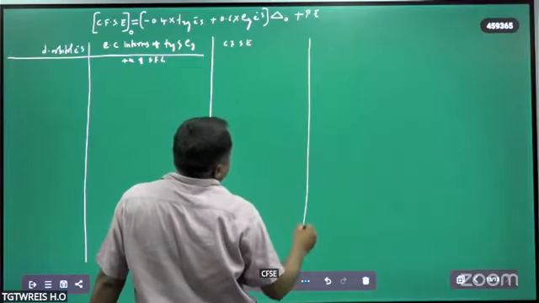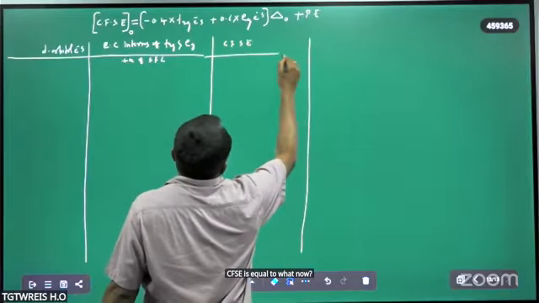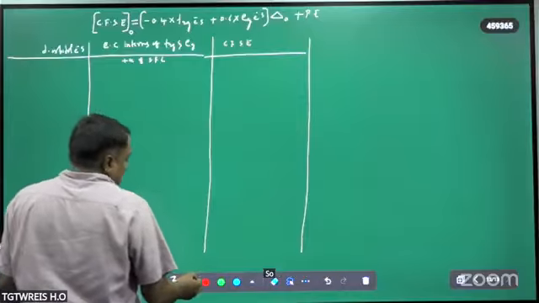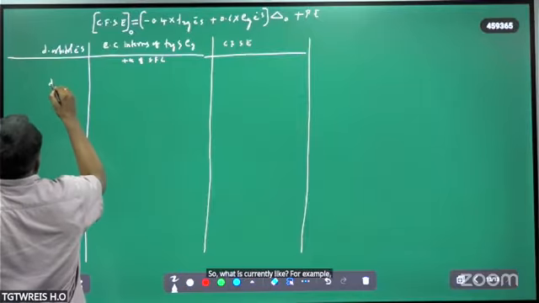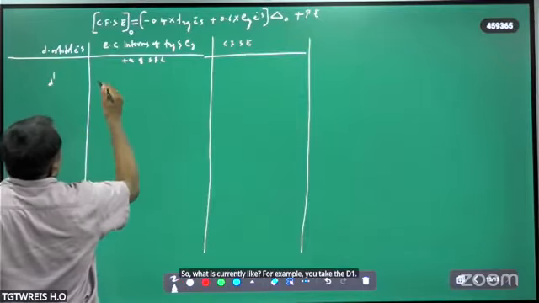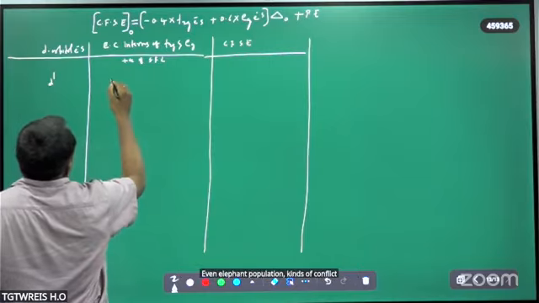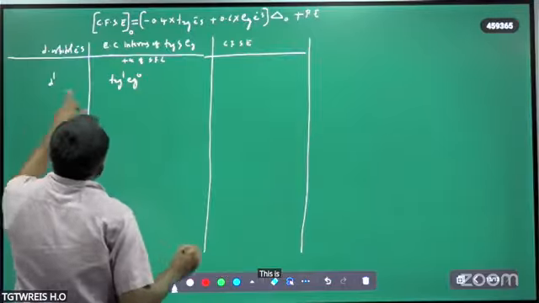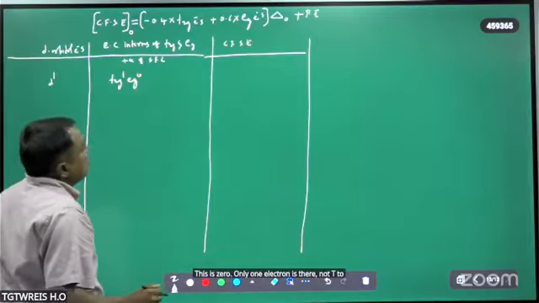CFSE is equal to what, only in the presence of strong field ligands. So what is a strong field ligand? For example, take the d1 electron configuration in the presence of strong field: this is t2g1 eg0. Only one electron is there.